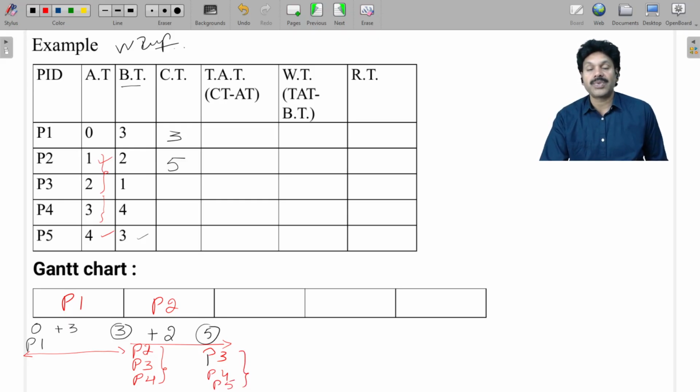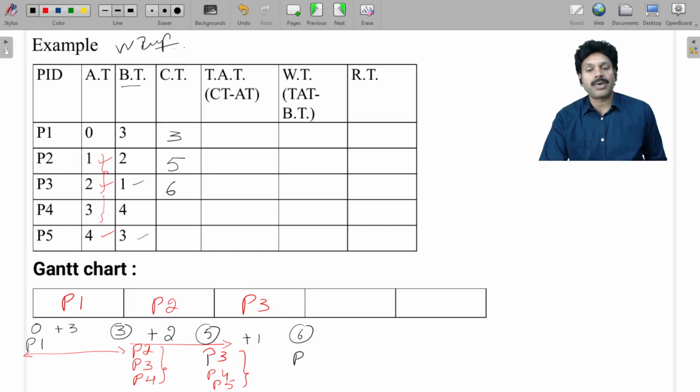Which process do I need to send from the ready queue to the run state? There is no problem because we have the arrival time concept. P3 has come at time 2. So P3 is executed for how many units of time? 1 unit of time. Therefore, by 6, it is completed.